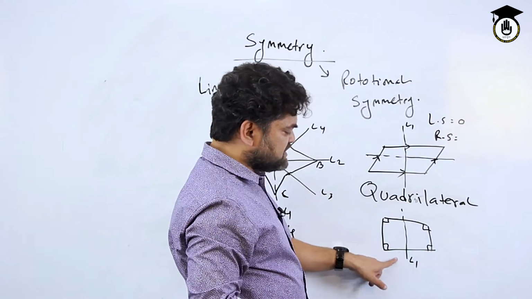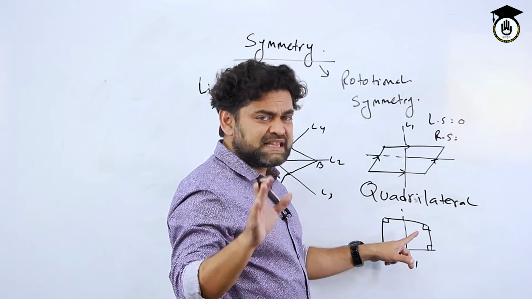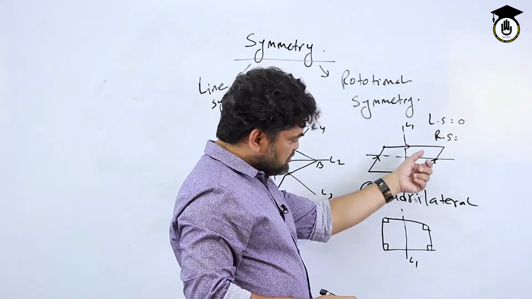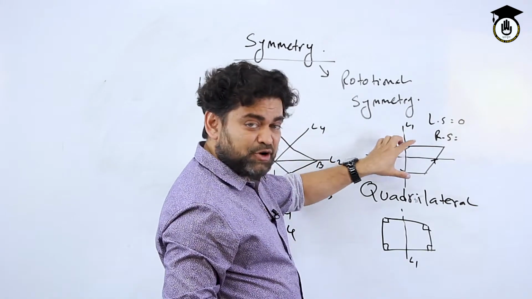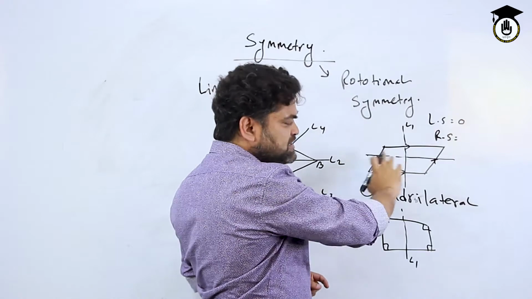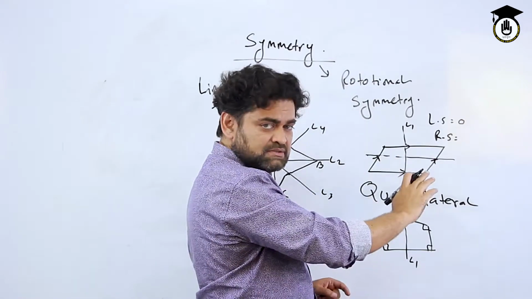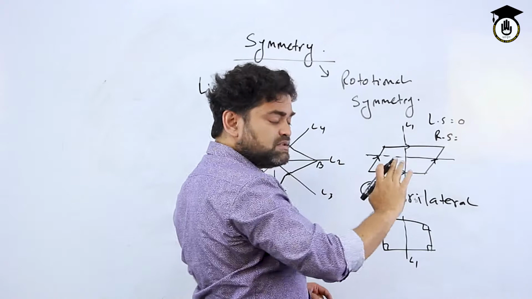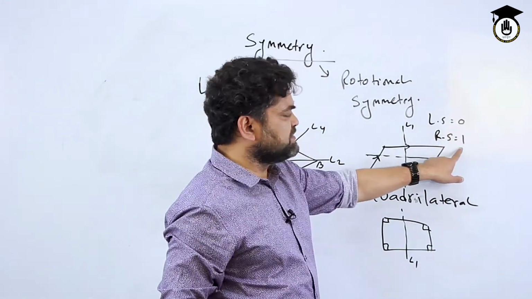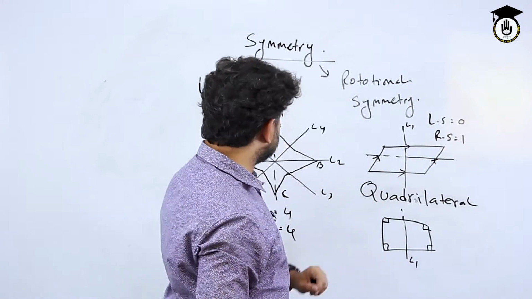In the case of a rectangle, rotational symmetry at 180 degrees and 360 degrees is fine. But in a parallelogram, I can rotate and place it properly only at 360 degrees. At 90 degrees, no. 180 degrees, no. 270 degrees, no. At 360 degrees you get a rotation. So the rotational symmetry is 1 in the case of a parallelogram.